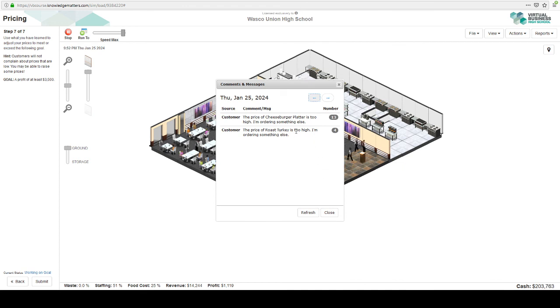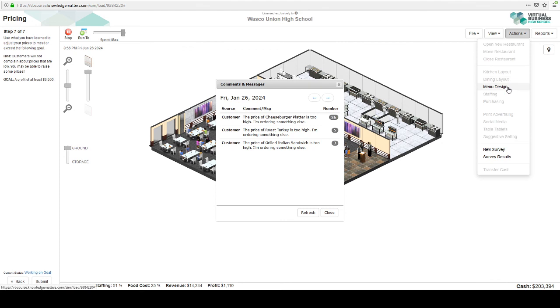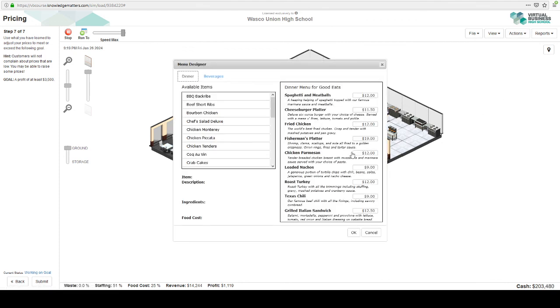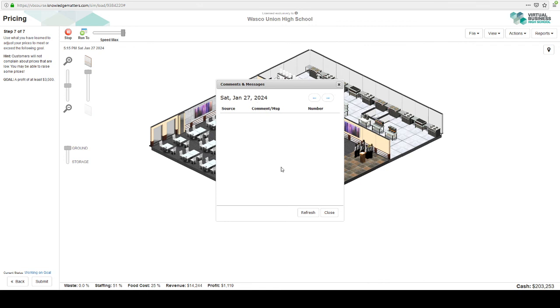A few people are complaining about the roast turkey. I'm going to go ahead and change the roast turkey. Let's change it to $11.50, see if that helps. Just drop it 50 cents. Sometimes that'll appease them.